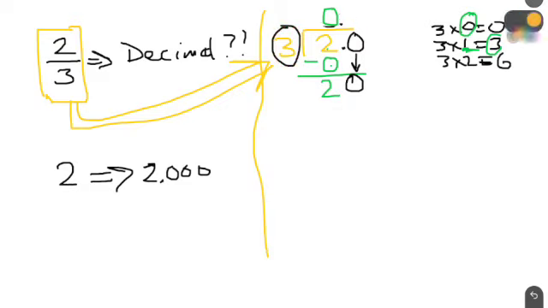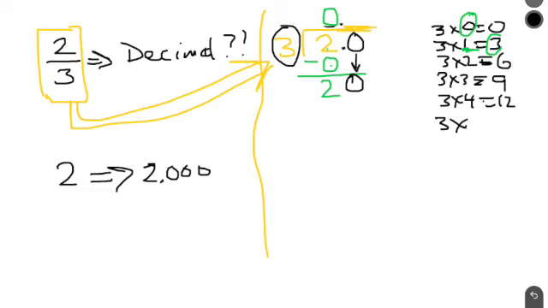We go back to our times table again. 3 times 2 is 6, 3 times 3 is 9, 3 times 4 is 12, 3 times 5 is 15, 3 times 6 is 18, 3 times 7 is 21. We see we actually went over.